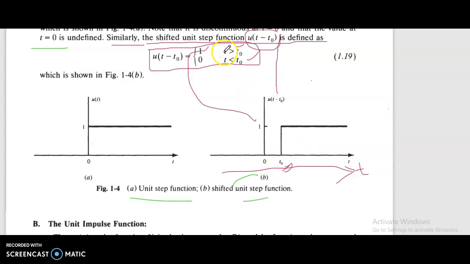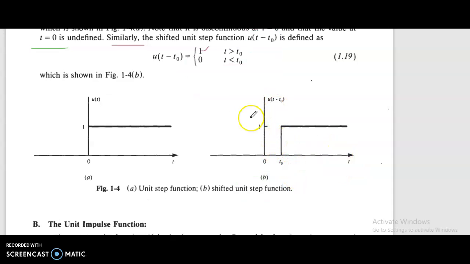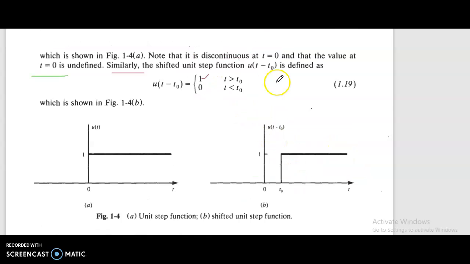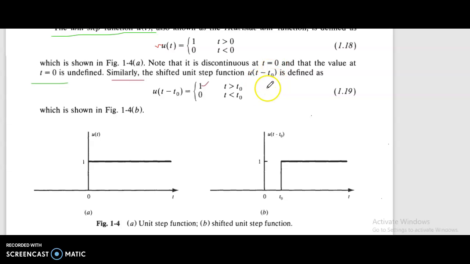That is, t is greater than t naught. Here the condition is u of t minus t naught equal to 1, when t is greater than t naught. Here is the t naught.